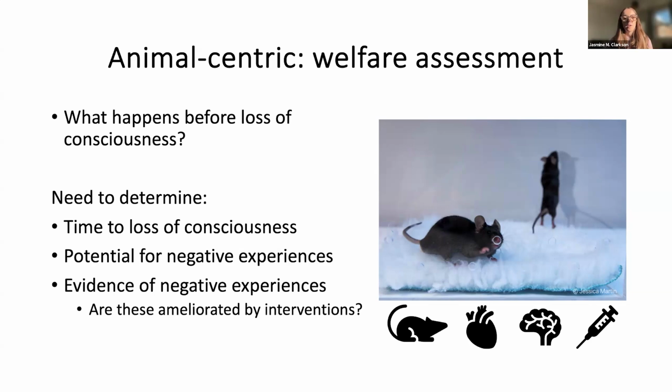And therefore we can look for evidence of these negative experiences, such as pain, anxiety, or stress, and we can employ things such as pharmacological interventions to determine whether these actually change the results in terms of their behavioural responses or indeed physiological responses. And therefore, what we've been doing over the past few years now is taking a multifaceted approach, looking at behaviour, physiology, and also pharmacological interventions in order to tell us more about the animal's welfare.